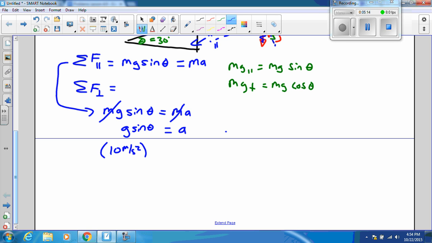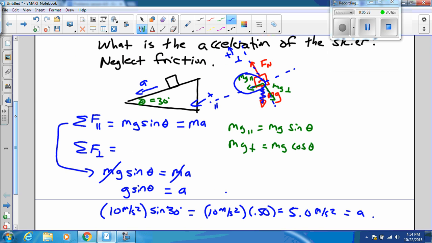And punching the numbers in, we have 10 meters per second squared for g, and the sine of 30 degrees is 0.5 exactly. No, I don't know them all, I just know the special angles. And so we get 5.0 meters per second squared is the acceleration of our skier down the slope.